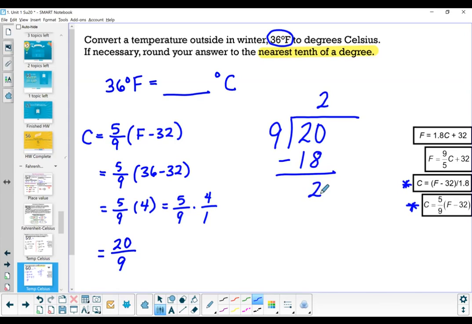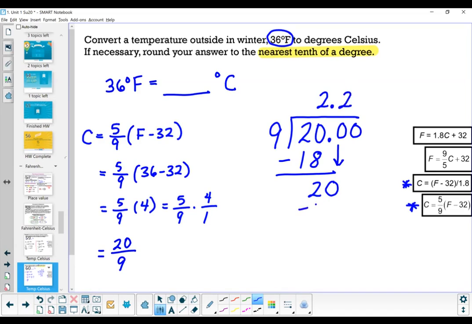Since I'm rounding to the nearest tenth, we're going to have to go out to the hundredths. So I'm going to put a decimal place and 2 zeros so I can keep dividing. I'll bring the first 0 down. Make sure you put a decimal point after that 2 as well. 20 divided by 9 is 2.